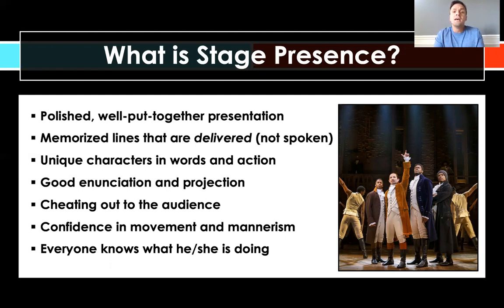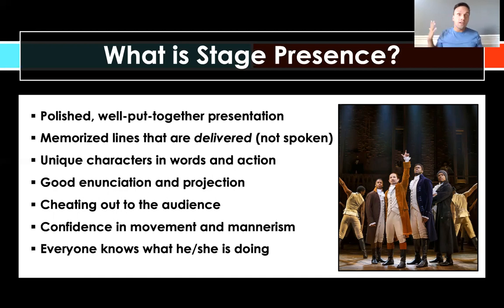You also want to have unique characters and words in action. In a previous lesson, I told you that with 7 members performing, if you have 7 members on stage and you all act and perform the same way in the same character, we really just have one character on stage in 7 different people, right? So if you're going to have people in a scene, you want to have different, unique, rich characters, right? That's what makes something interesting.